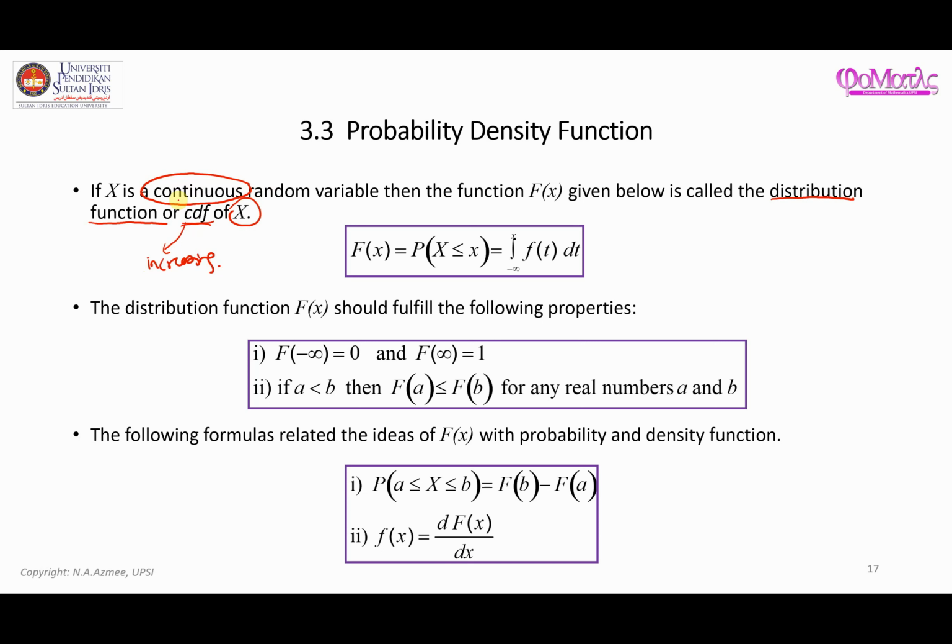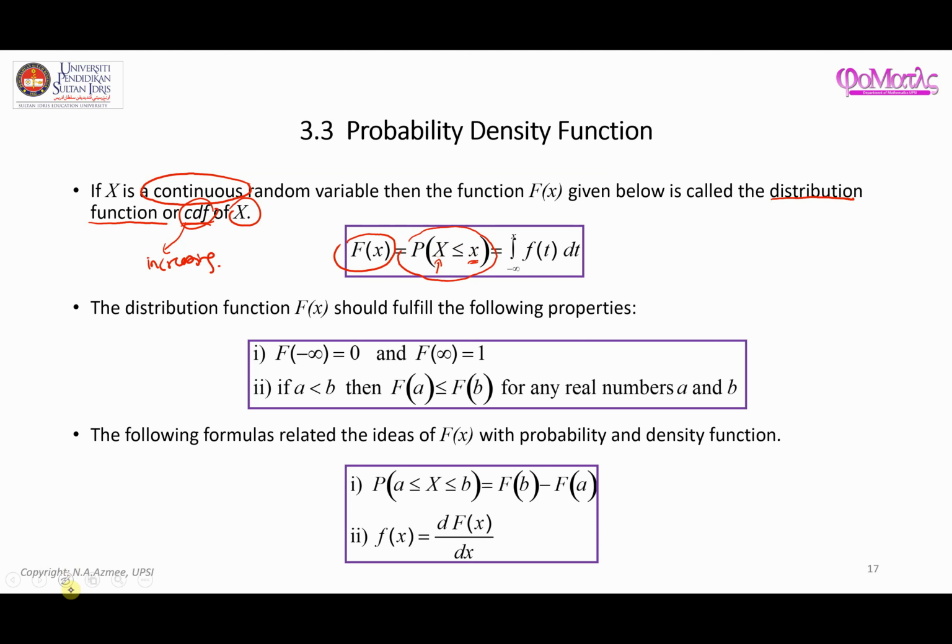So in the case of x being a continuous random variable, the notation for the CDF is the same. We use big F, or capital F. The idea is that we want to find the probability of our random variable taking the value of small x or less than that.